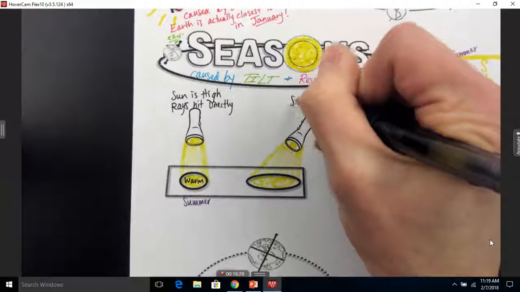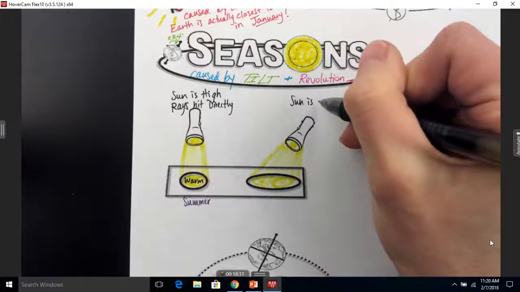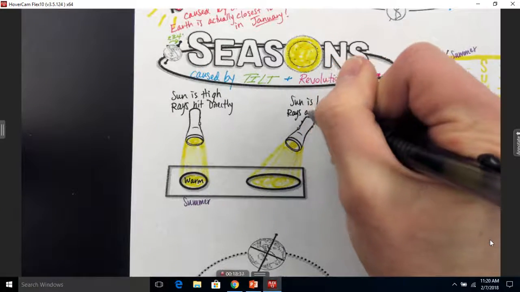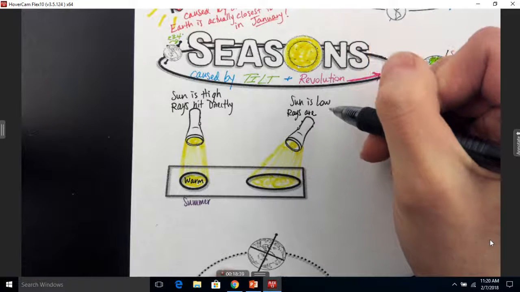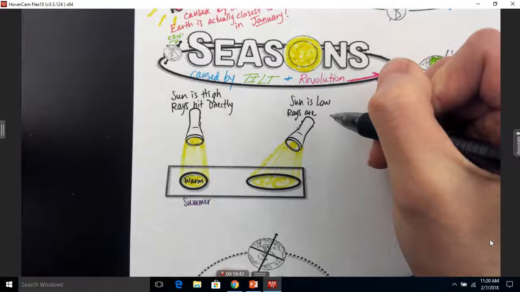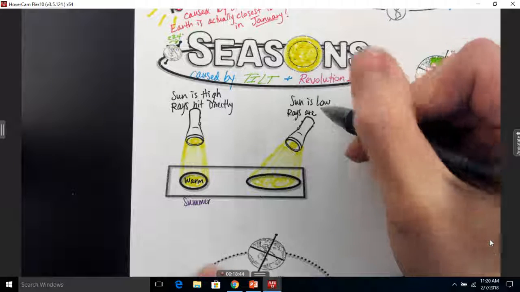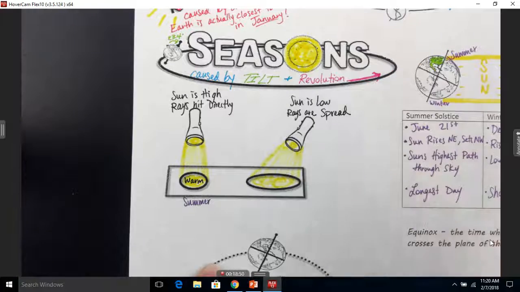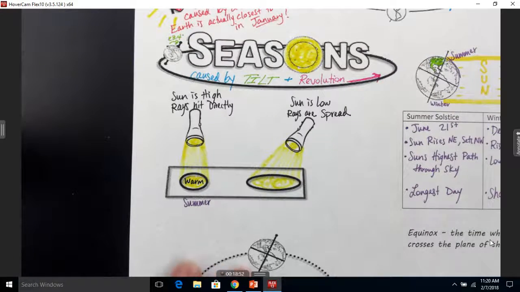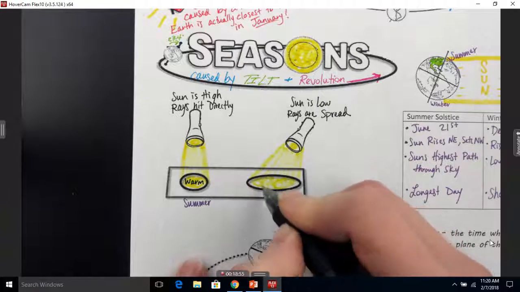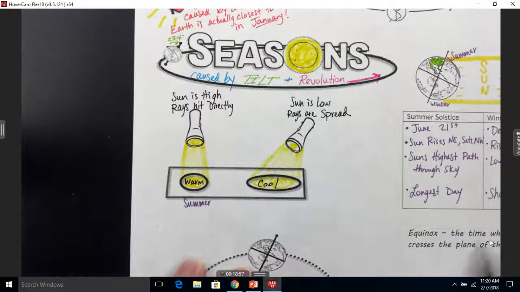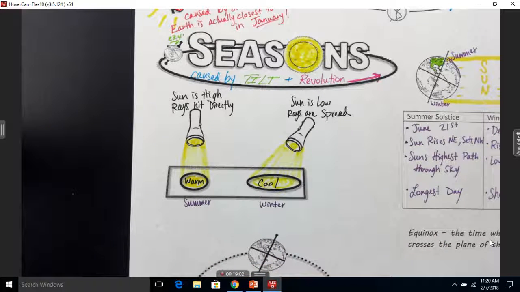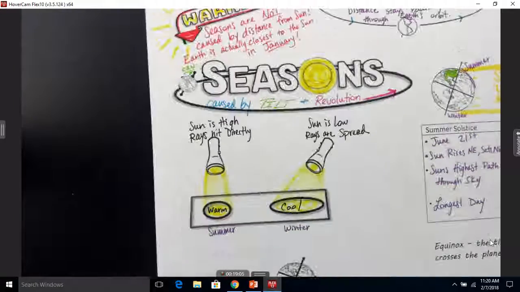What's the sun over here? Low. What are the rays? Spread. What are you going to feel there? Cold or cool? And what season? Exactly.